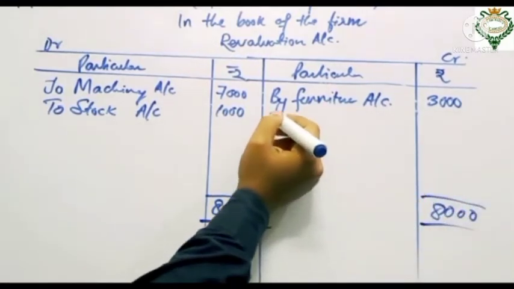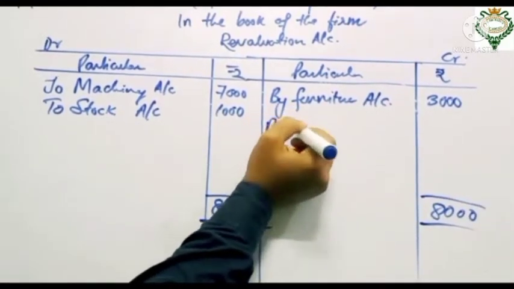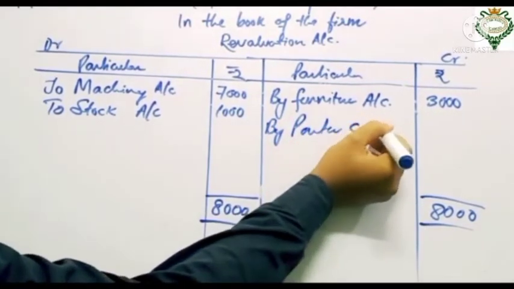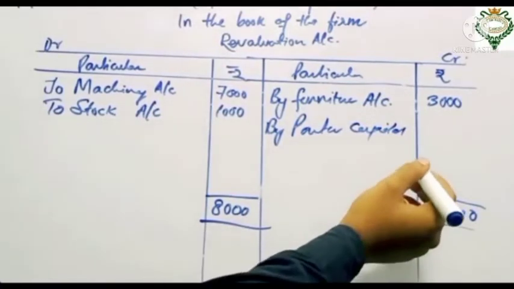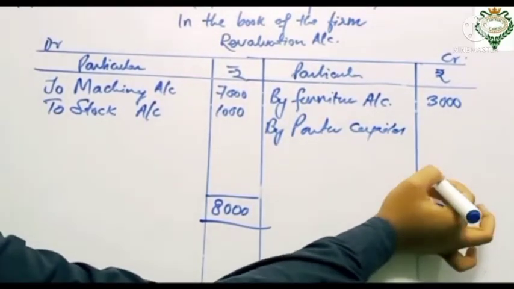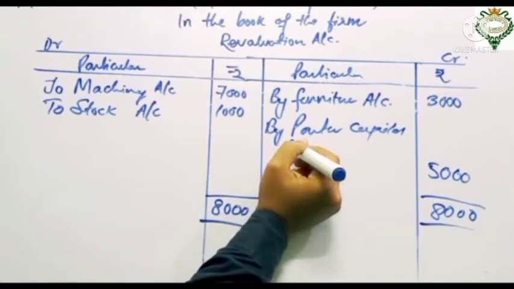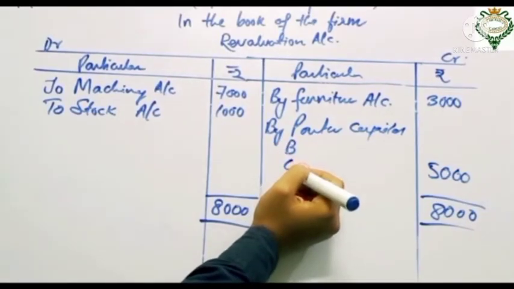That means the loss goes to the partners' capital accounts. This adjusted amount, that is 5,000, they will share or distribute in the ratio of 3:2.